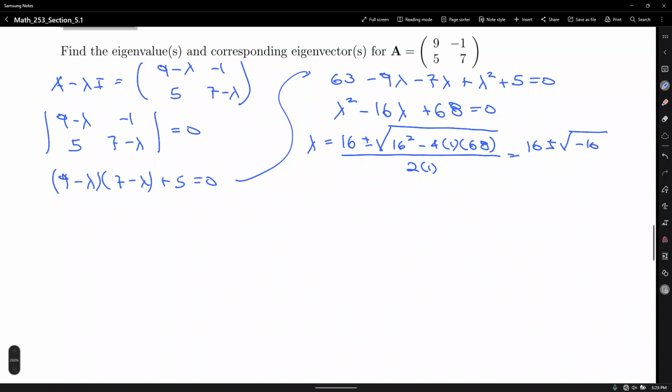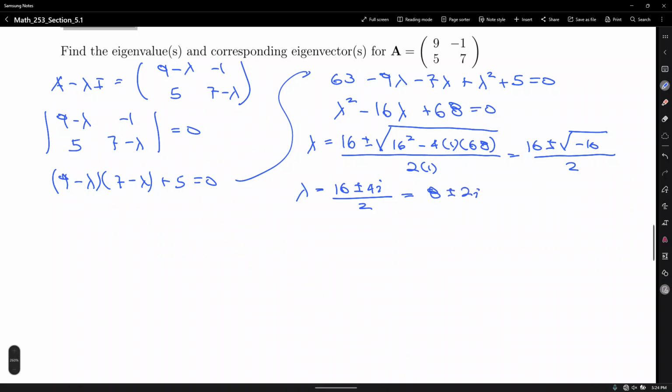Okay, I'm not going to do all the steps. Come on, it's quadratic equations, right? So everything divided by 2. Okay, well, we still need to simplify that square root of negative 16, which will be lambda equal to 16 plus or minus 4i over 2, which reduces to 8 plus or minus 2i.